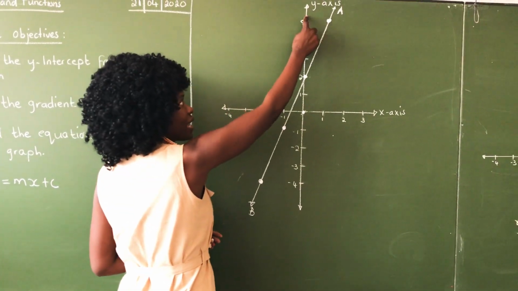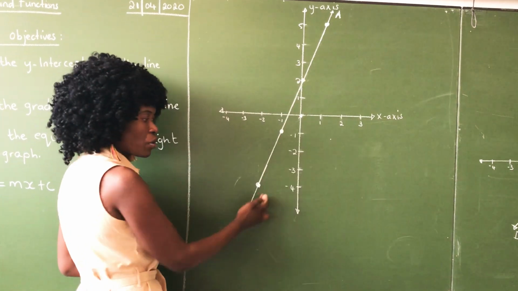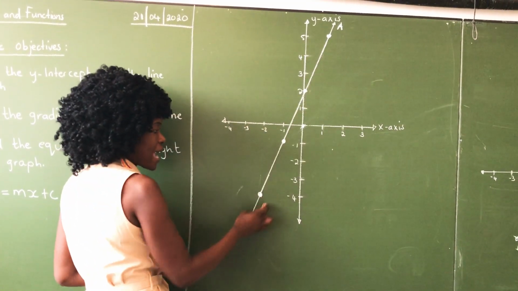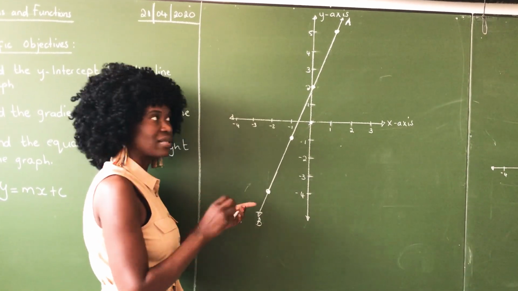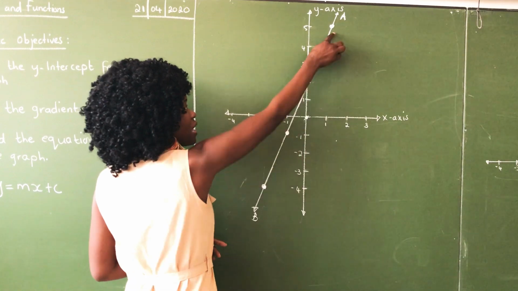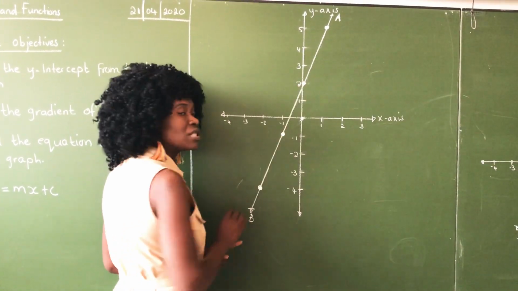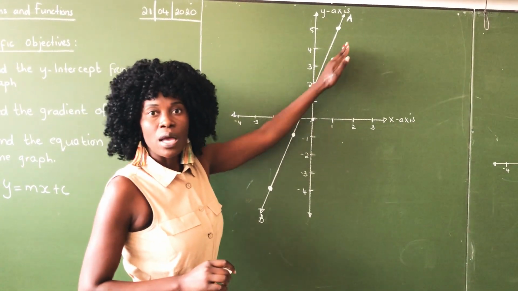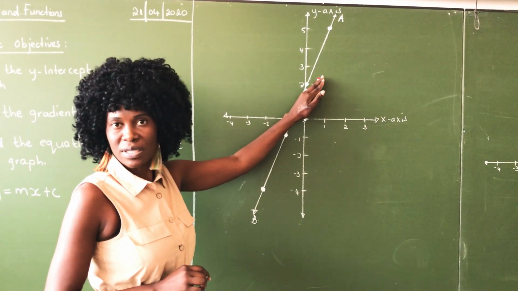Now, y-intercept, where does our line graph meet the y-axis? So this is my y-axis, the vertical one. So where does the line graph, which is now line AB, where does graph AB intersect with the y-axis? Looking at this graph, line AB intersects the y-axis at positive 2. So in other words, the y-intercept of our line graph AB is positive 2.